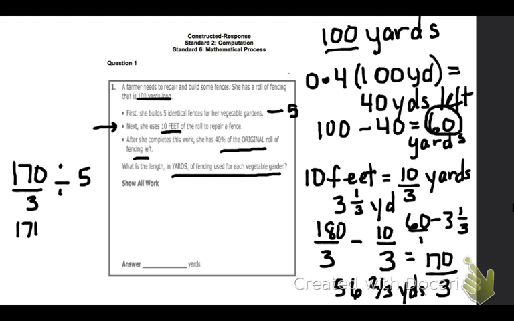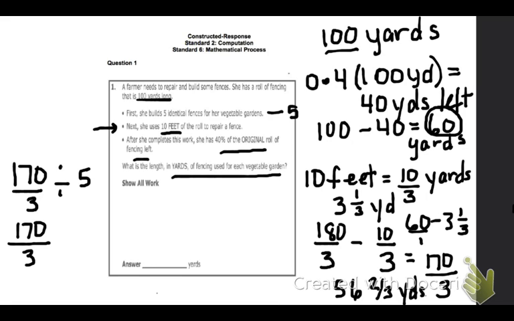The process, of course, we know 170 divided by 3. Divided by is the same as times 1/5. All right, so go ahead and get your calculator out with me and do some math. Either way you want to do that is fine. You guys all have those great calculators which help. Okay.